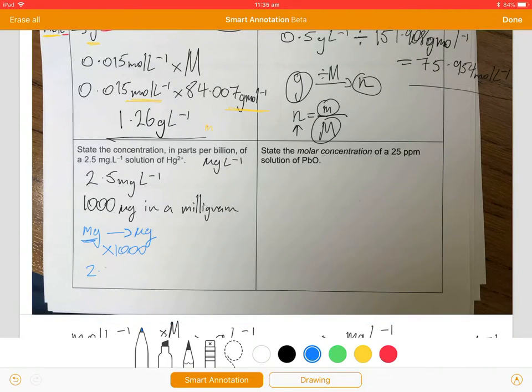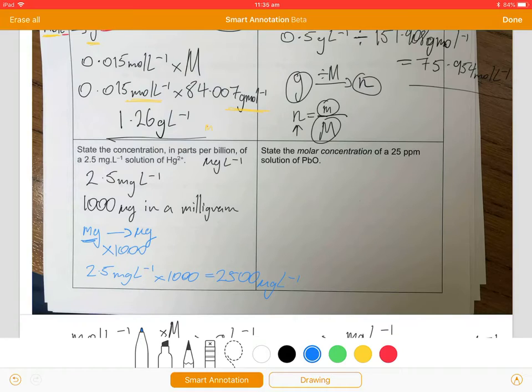That implies that we have 2.5 milligrams per litre times by 1,000 is going to equal 2,500 micrograms per litre.